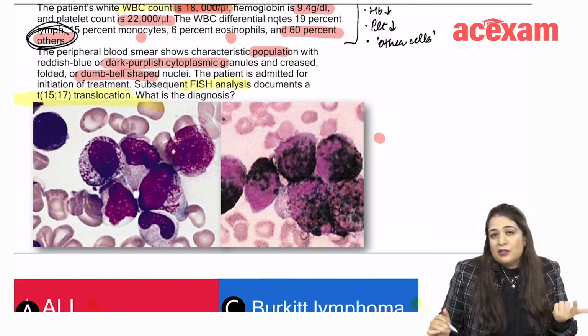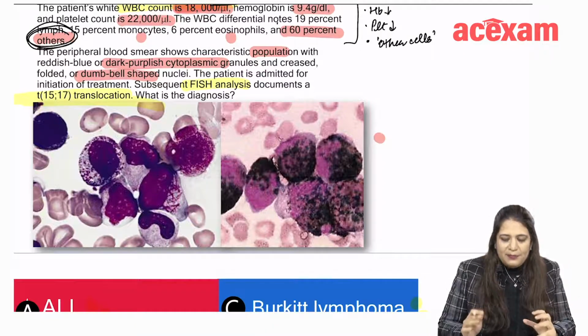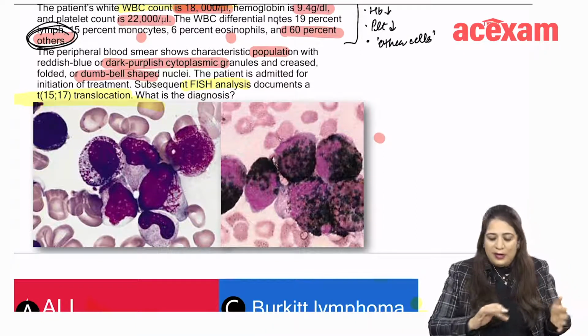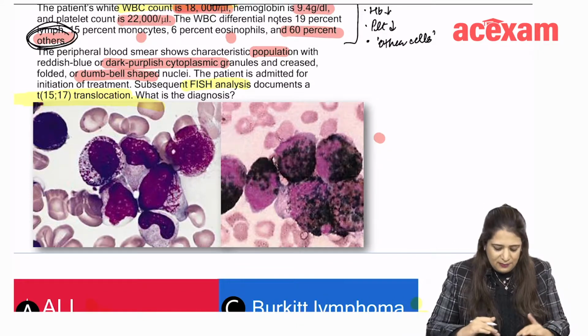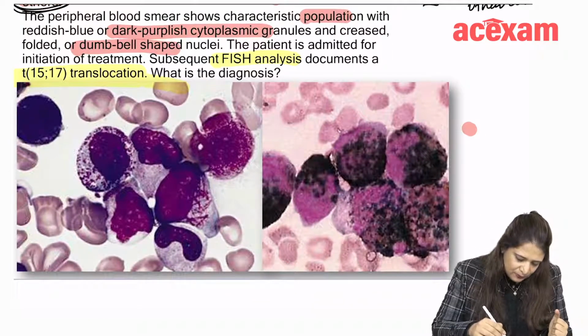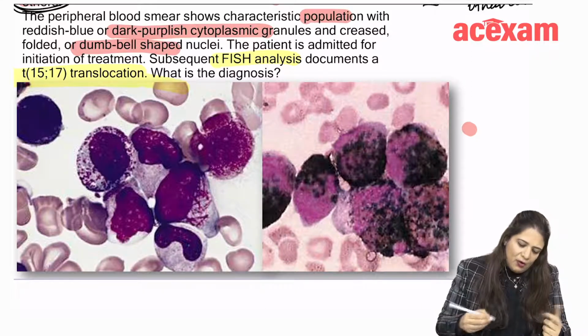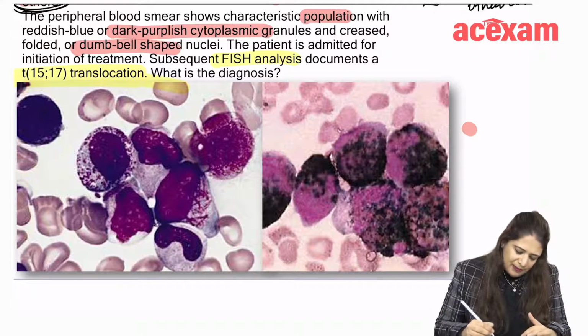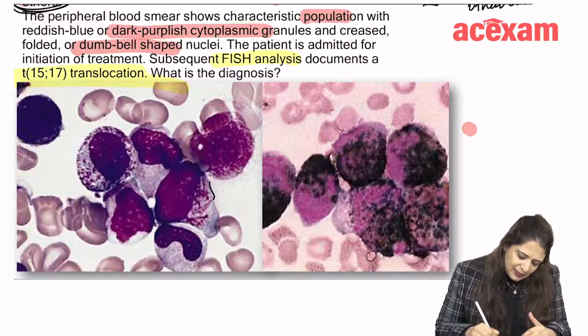So let us also look at the images, because sometimes just the images can be provided to you, not with this lengthy explanation. So this is probably the bone marrow, or the peripheral smear. They have told that this is a peripheral smear and it is showing these large cells.